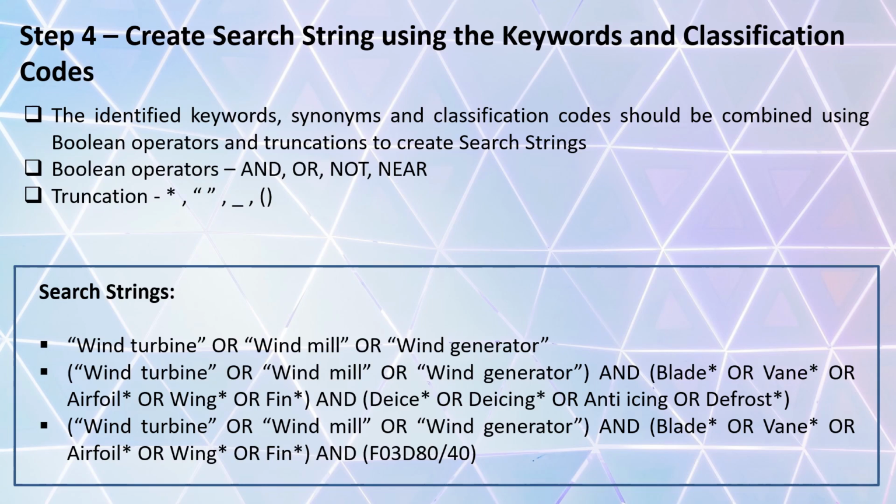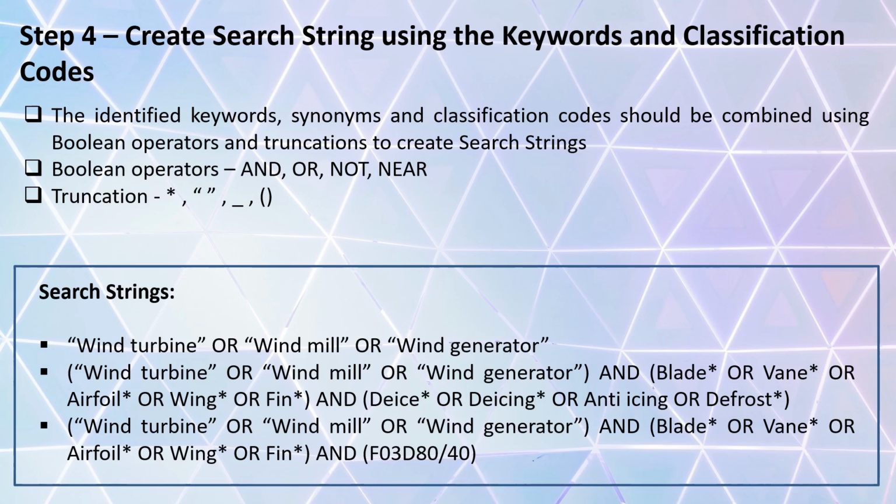In such a search, a patent reference which includes at least one word from each of these brackets will be the only one displayed in the result. And in the last point, instead of the de-icing bracket, we have used the classification code of de-icing.